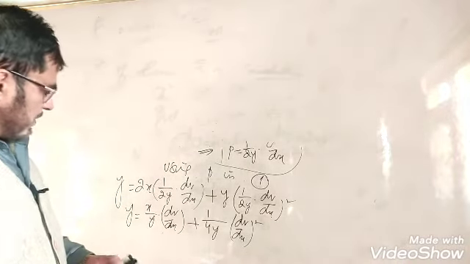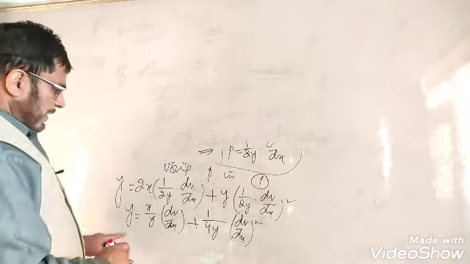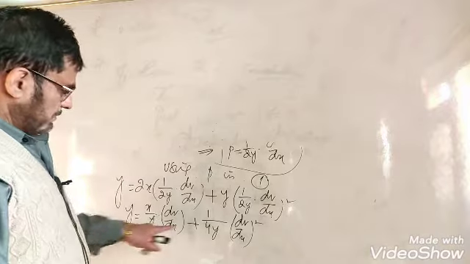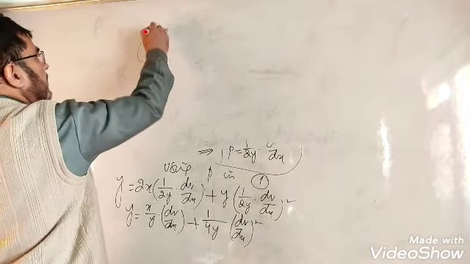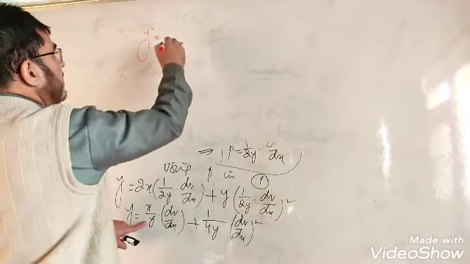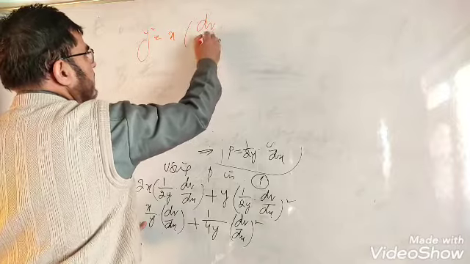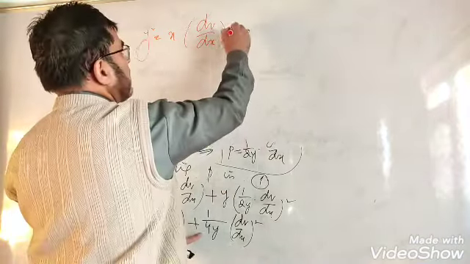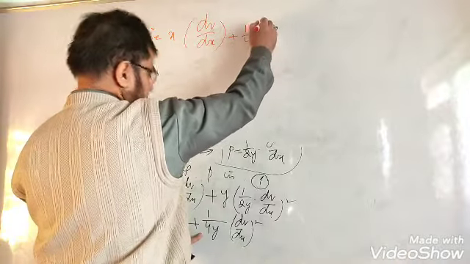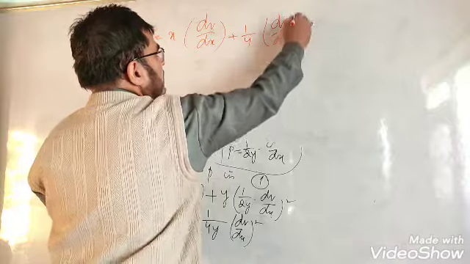This on simplification will be now, if I multiply both sides by y, this is y², it is x dv/dx plus 1/4 (dv/dx)².